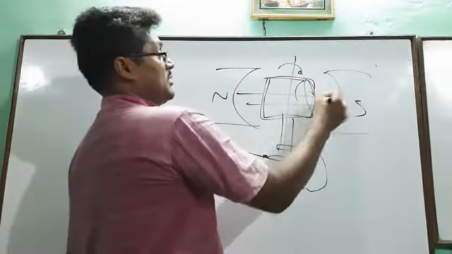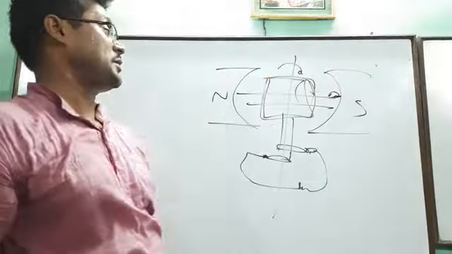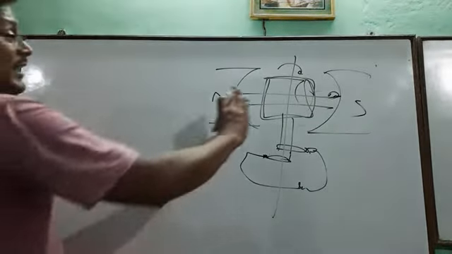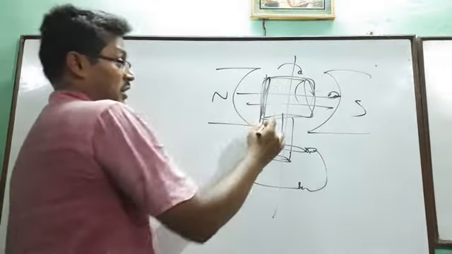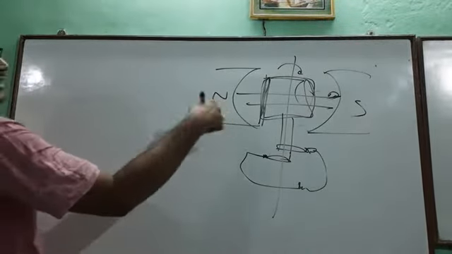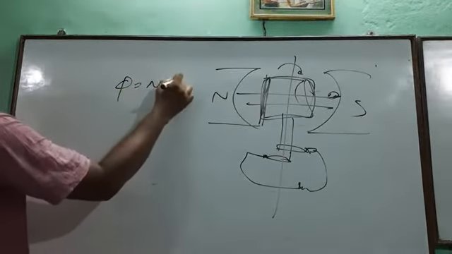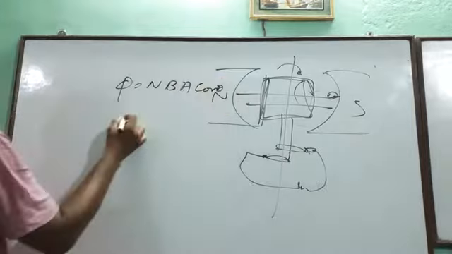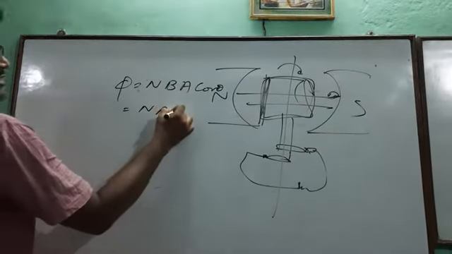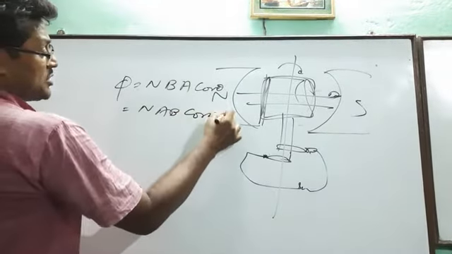Then what is the induced EMF? Let at any instant the plane of the coil make an angle theta, then phi equal to NBA cos theta, and that is NAB cos omega t.